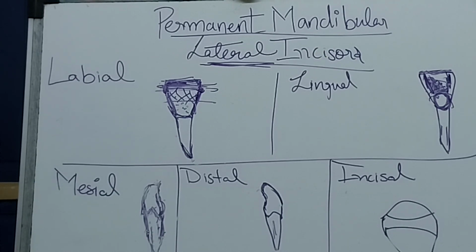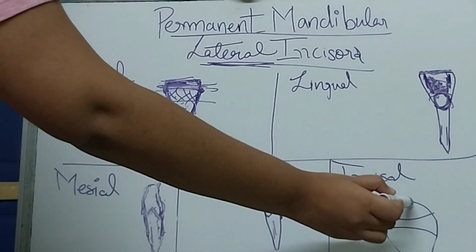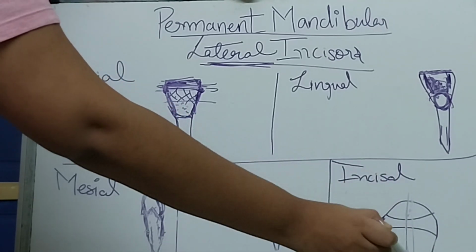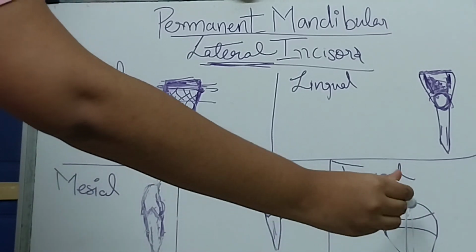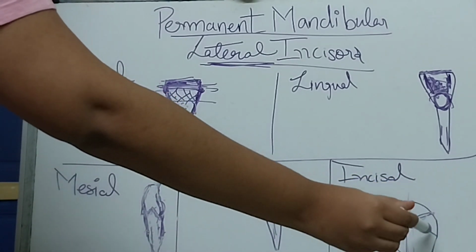First, the incisal edge is not approximately at right angle to the line bisecting the crown. So this is the line bisecting the crown, and it is not a proper 90 degrees with the incisal edge.